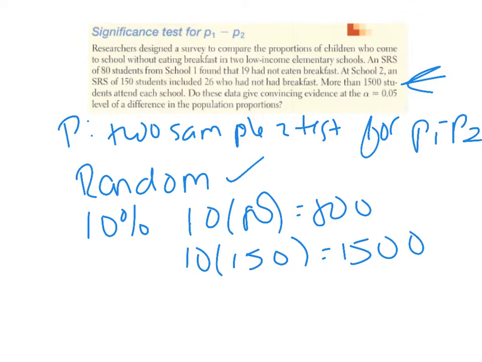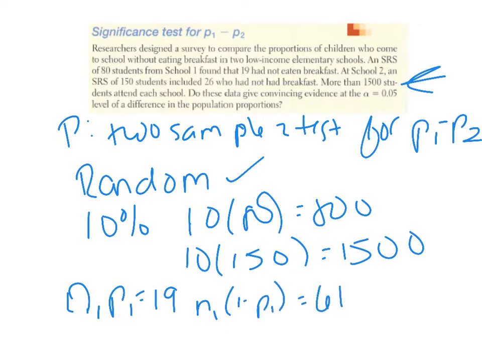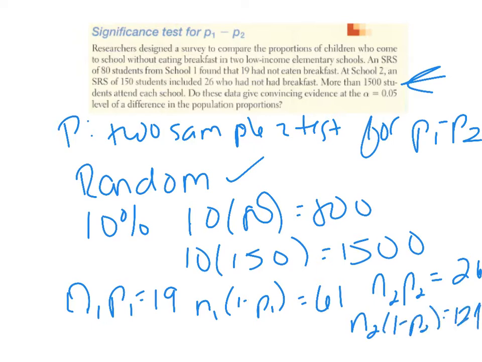And then I need to do my large counts. N1 times P1 is 19, N1 times 1 minus P1 is 61. For the second sample, N2 times P2 is 26, and N2 times 1 minus P2 is 124. All of these are greater than or equal to 10, so I meet these large count conditions.